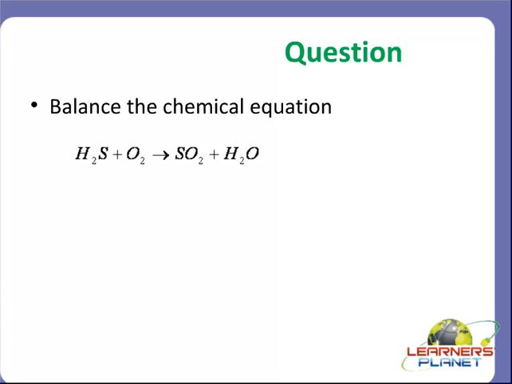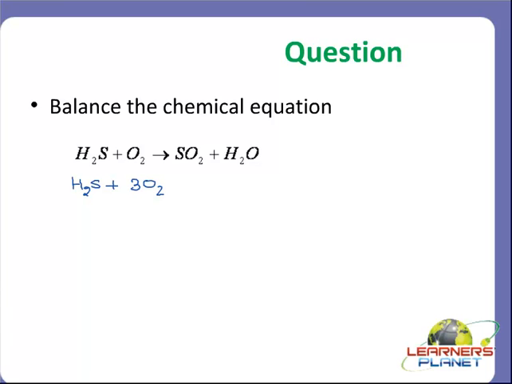So what we have to do is change the number of oxygen atoms to even. What coefficient can I put in front of oxygen? Let's start with H2S plus 3 O2. What will I get, children?